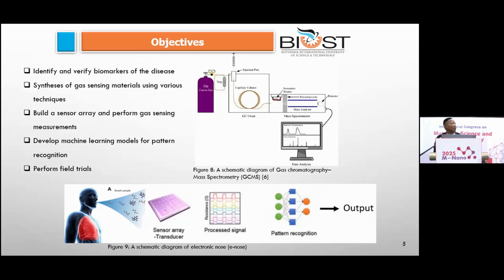From there, we build a sensor array and perform gas sensing measurements to obtain the response signals. Then we develop machine learning models, which will be trained to understand the signals of TB and the signals of non-TB. From there, we can perform trials where we test new breath to see if it is non-TB or TB.